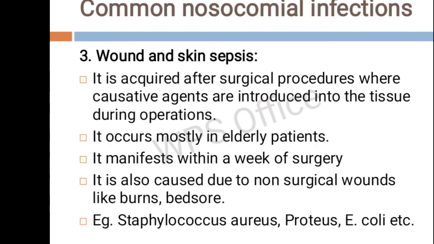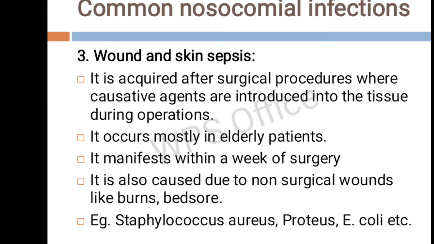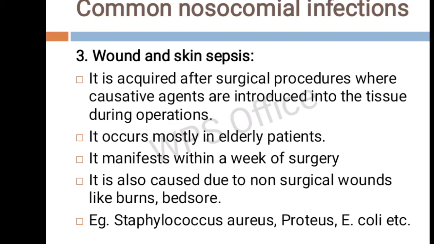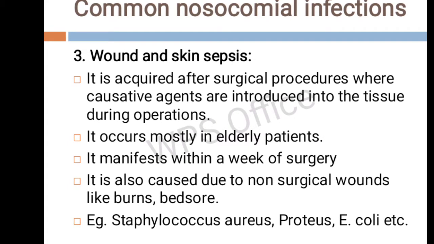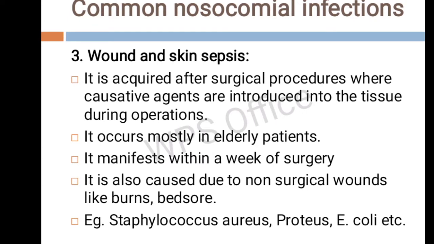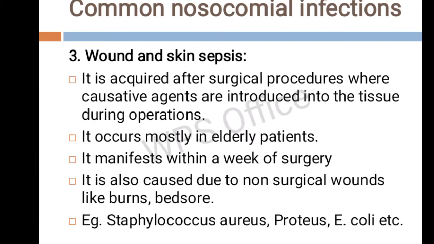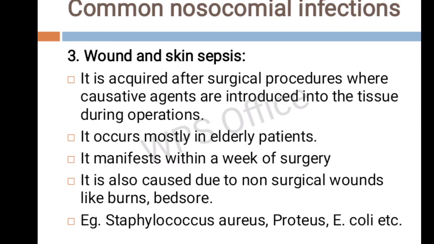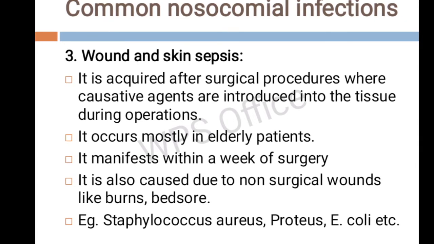Next is the wound and skin sepsis. It is acquired after the surgical procedures where causative agents are introduced into the tissue during operations. So while doing any surgery or surgical procedures, the causative agents may get introduced into the tissues inside the patient's body during the operations.